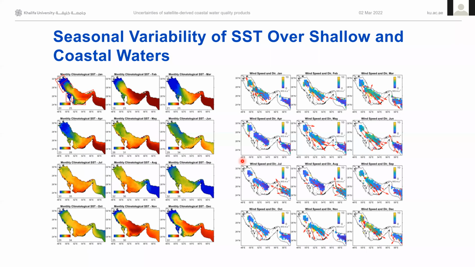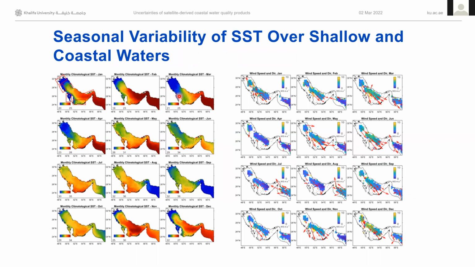First, looking at the SST distribution, for example in January, you can see almost 4 kinds of classes: high SST in the Sea of Oman, lower inside the Gulf, and getting lower as you go to the northern part toward Kuwait. The same pattern is observed in February and March.